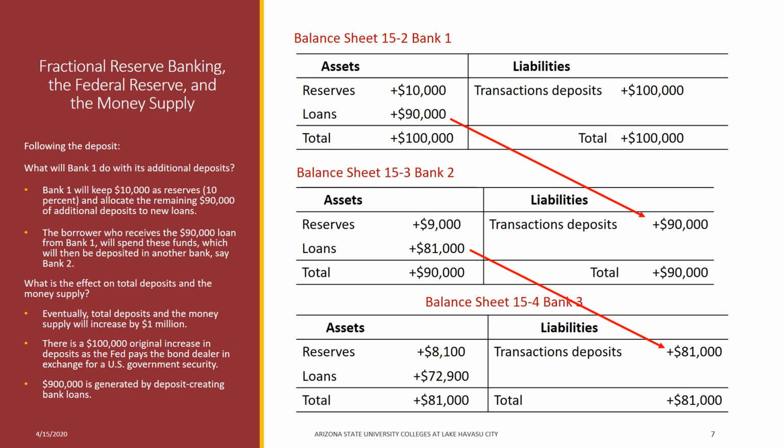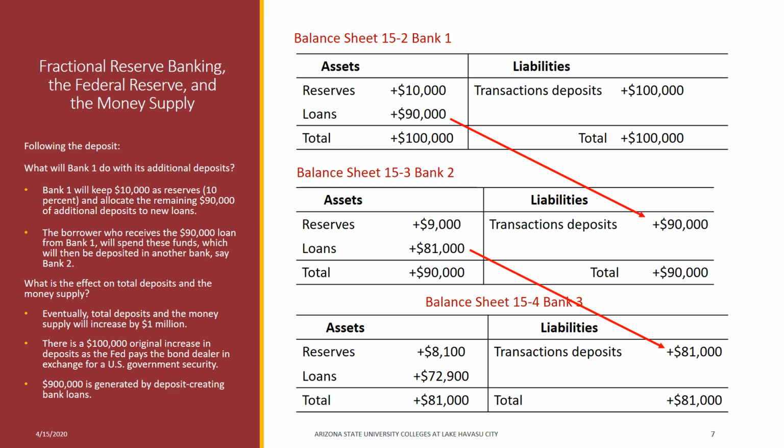As shown in balance sheet 15.2, Bank 1 responds to this $100,000 increase in transaction deposits by adding 10% of this amount, or $10,000, to its reserves. The bank allocates the remaining $90,000 of the additional deposits to new loans. So its loans increase by $90,000.